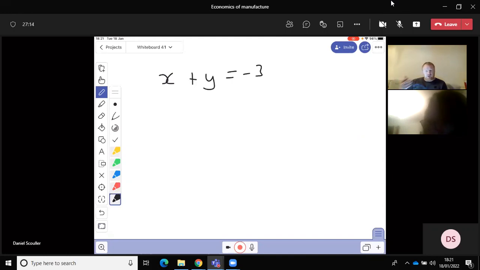I mentioned story questions last week when we were doing inequations. Story questions give you, in effect, a story and you need to pull data from it, so you can use simultaneous equations for that. So we're starting with two equations like so.